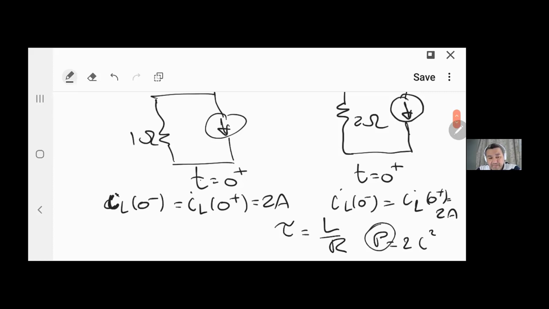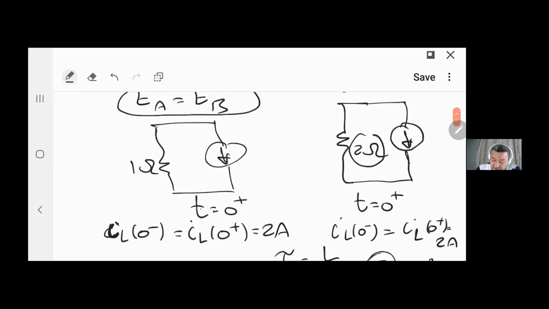Was this clear? Any question? Go ahead. Yes, if it's for the power, yes, the circuit that has the inductor seeing higher resistance is dissipating at a faster rate than the circuit that has a lower resistance.